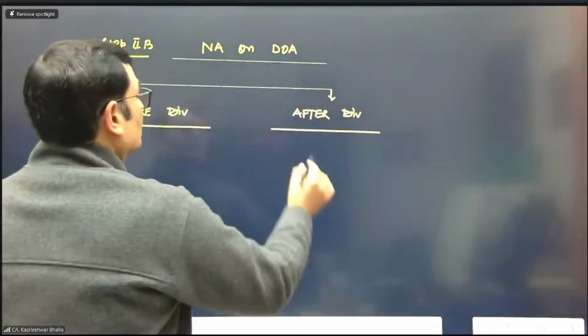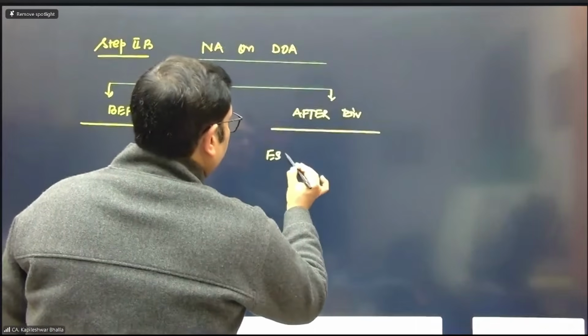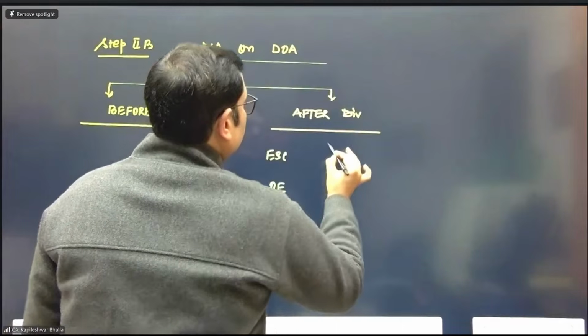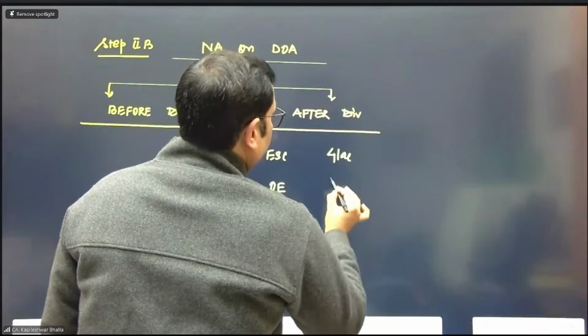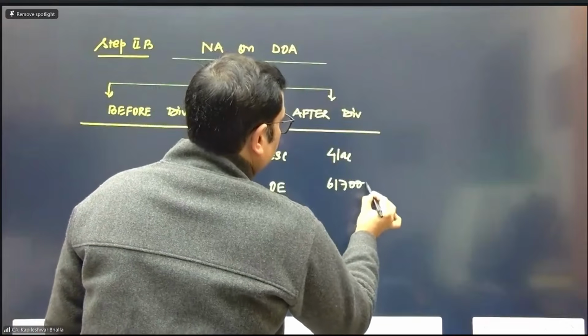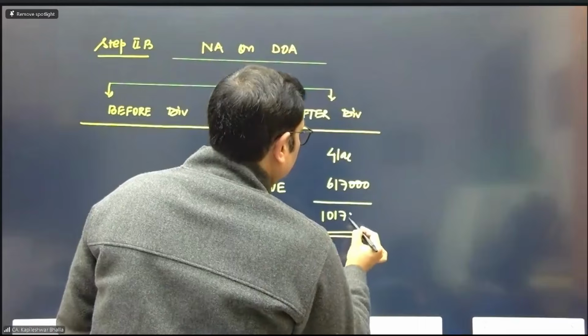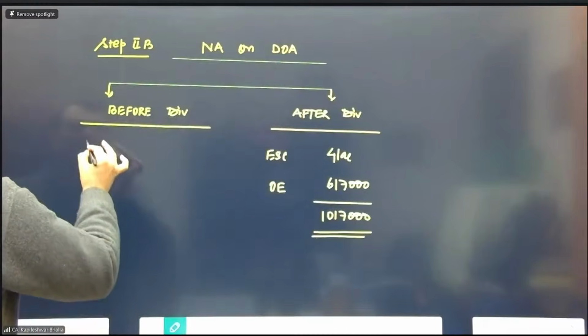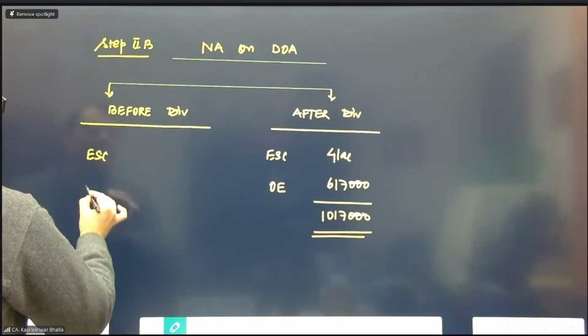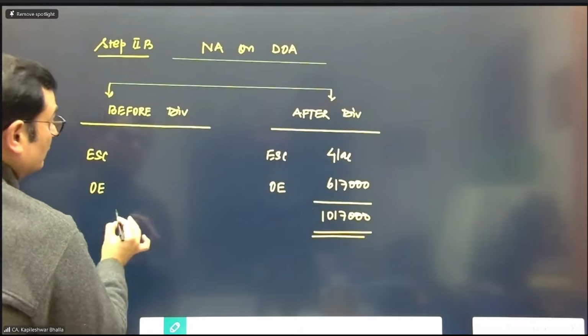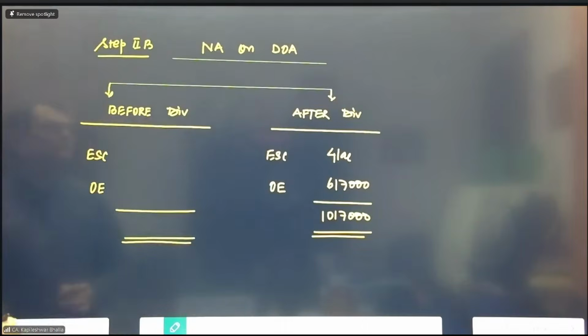So let's take the sum total of equity share capital and other equity. This is, I guess, 4 lakh and this is 6 lakh 17. So this comes to 10 lakh 17,000. And if I take it before dividend, can you tell me what will be the other equity before the dividends?